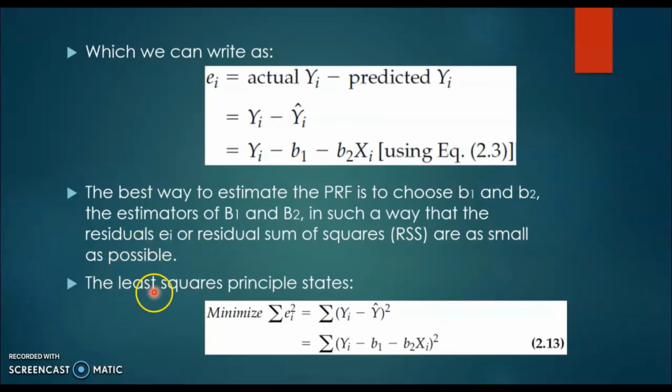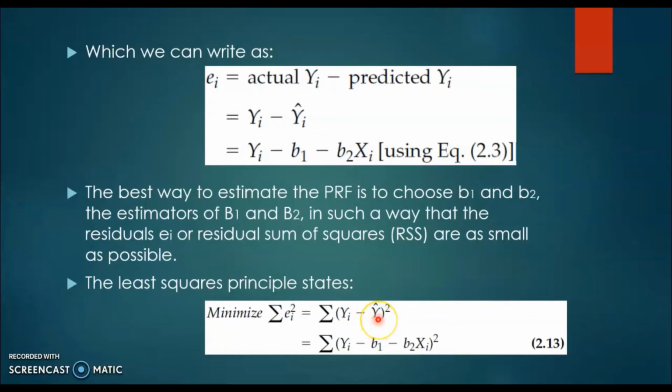So the least squares principle states that to minimize the residuals, the residual sum of squares needs to be equal to the sum of squares of the difference between the actual yi and the predicted y.